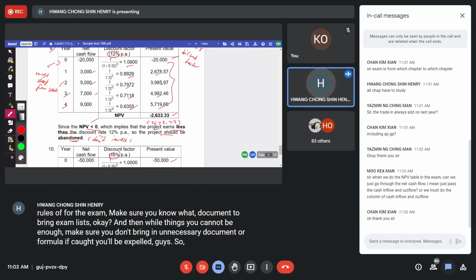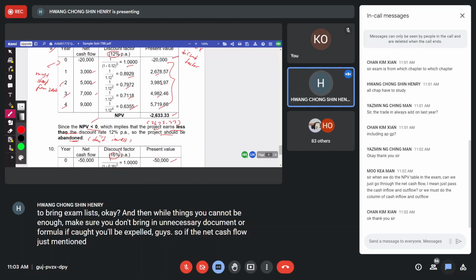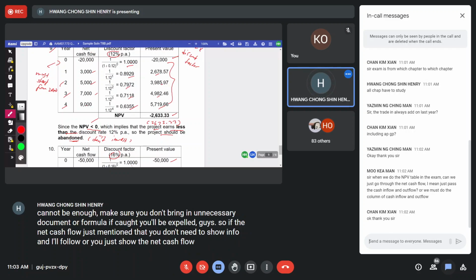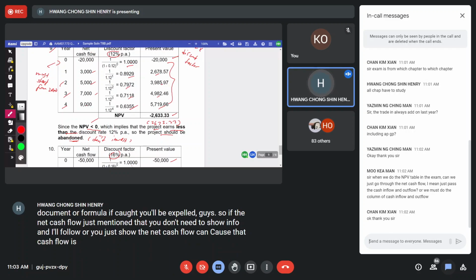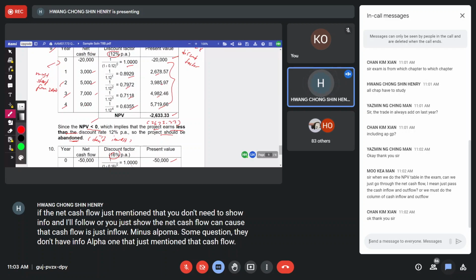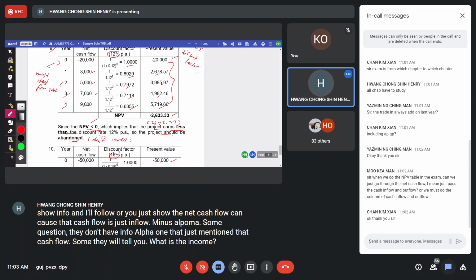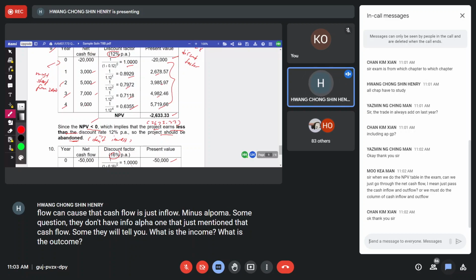So if the question just mentions the net cash flow, you don't need to show inflow and outflow, you can just show the net cash flow, because net cash flow is just inflow minus outflow. Some questions don't have inflow and outflow, they just mention net cash flow. Some will tell you what is the income, what is the outcome, then you have to minus off.